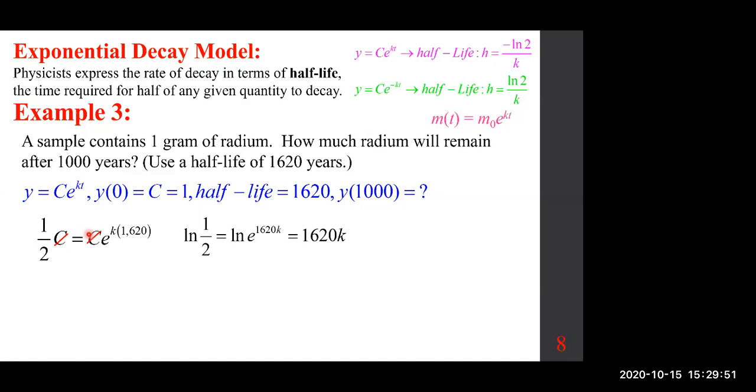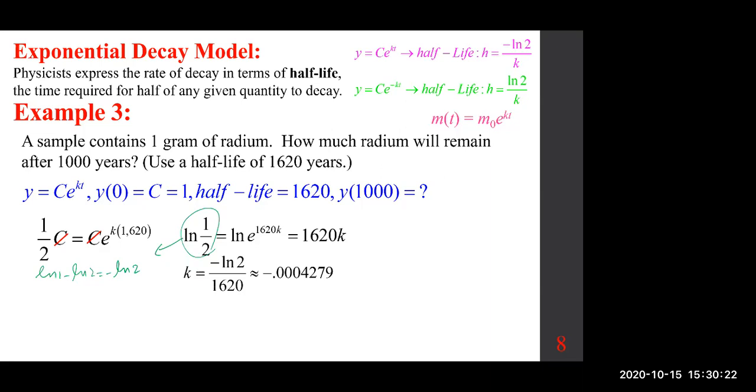The right side becomes 1620k, and the left side becomes ln1 minus ln2. ln1 is 0, so negative ln2 divided by 1620.